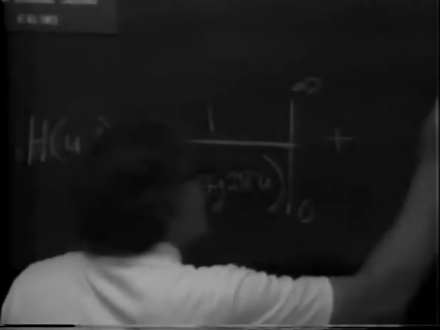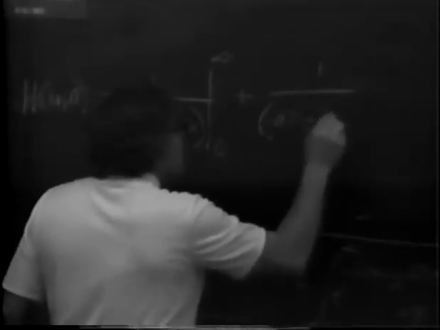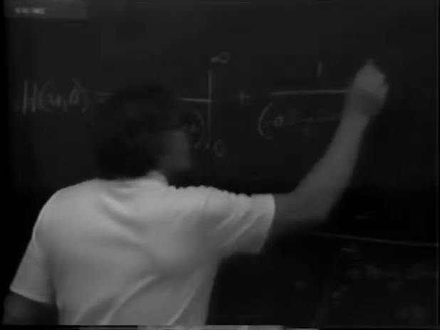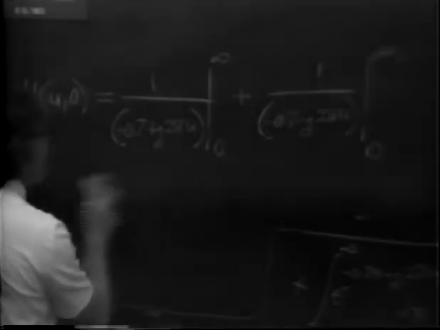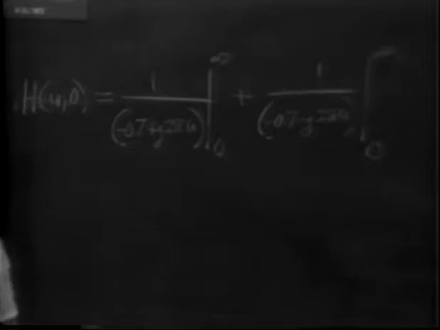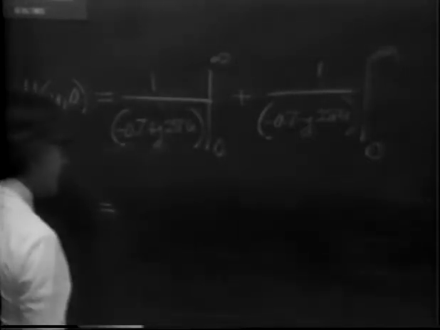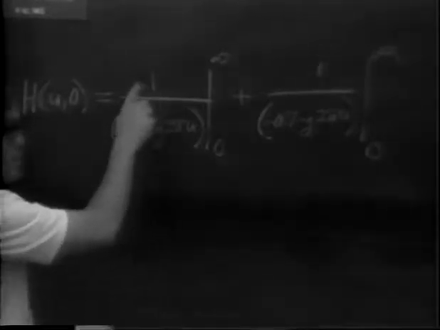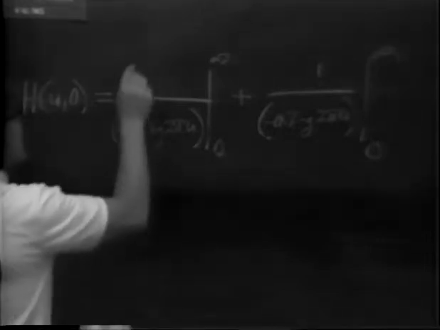And I have another one from this integral, minus j 2 pi u, evaluated from 0 to infinity. And if we evaluate these, no, I also have the exponential term, 1 over that times the exponential term the same way.